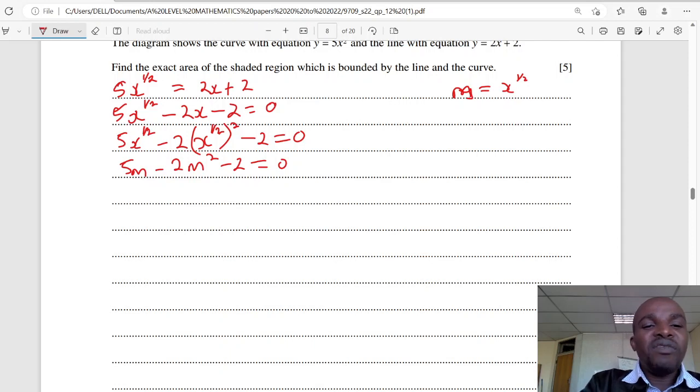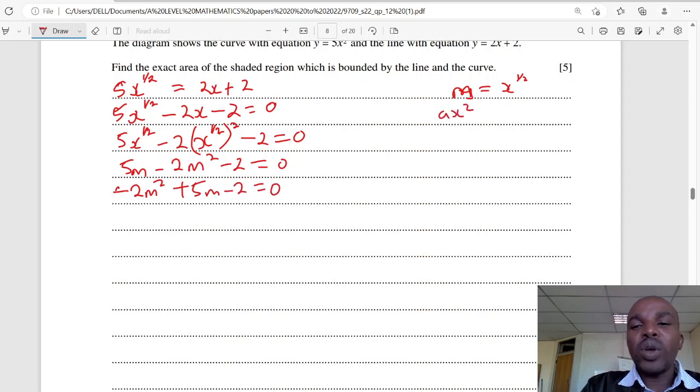Then you can multiply everything by a minus sign, starting with the one with the square, so that it is expressed in the form of ax squared plus bx plus c is equal to 0, always in this form.